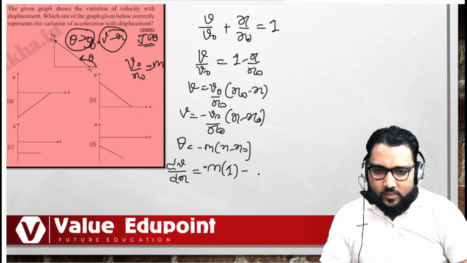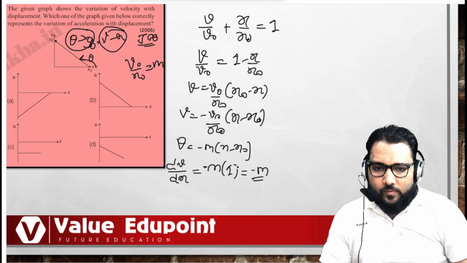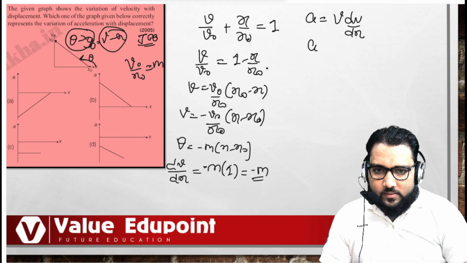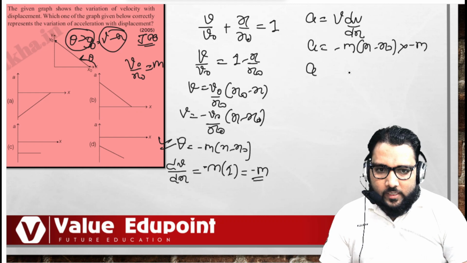So dv by dx comes out to be minus m, and we know the acceleration is v dv by dx. Is it okay guys? So I directly write the acceleration, which we have already calculated, that is minus m times (x minus x naught). And we know dv by dx is minus m. So a comes out to be m square times (x minus x naught).